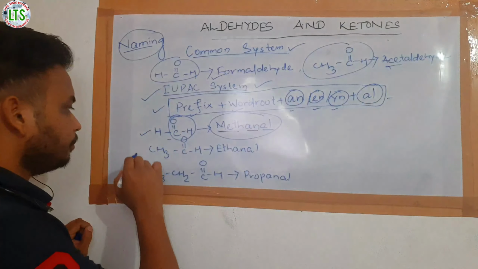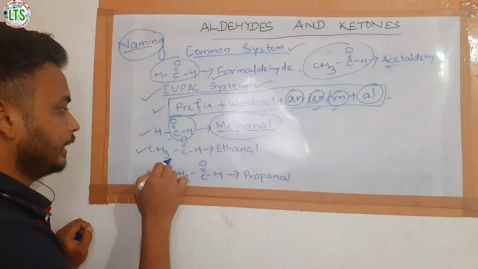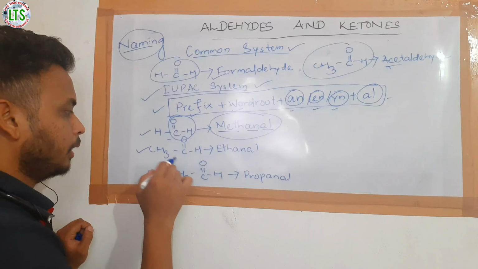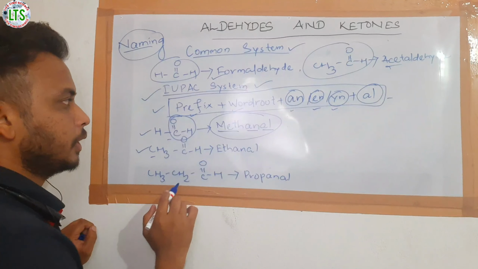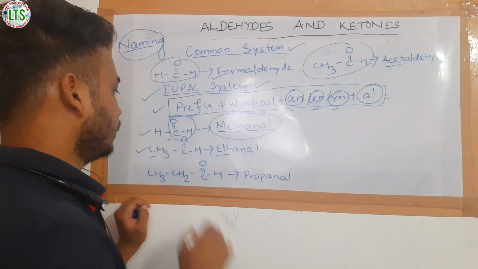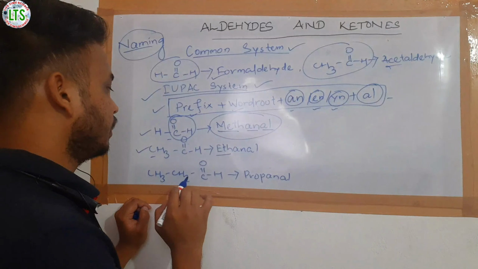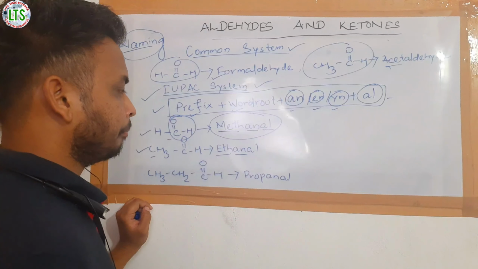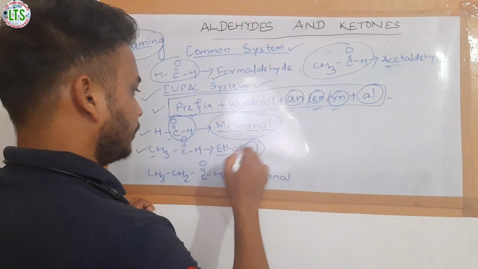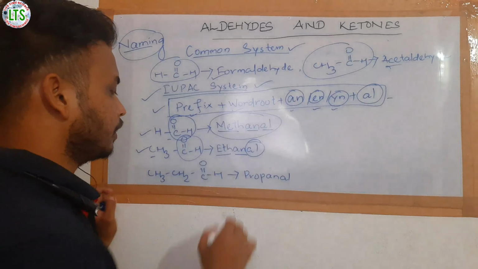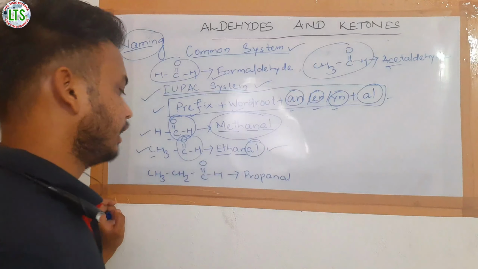Next, for the compound CH3CHO, the number of carbon atoms is 2, so we write the word root eth. Then there is a single bond between the carbon atoms, so we write AN and the suffix AL because the CHO group is present. The overall name is ethanal.